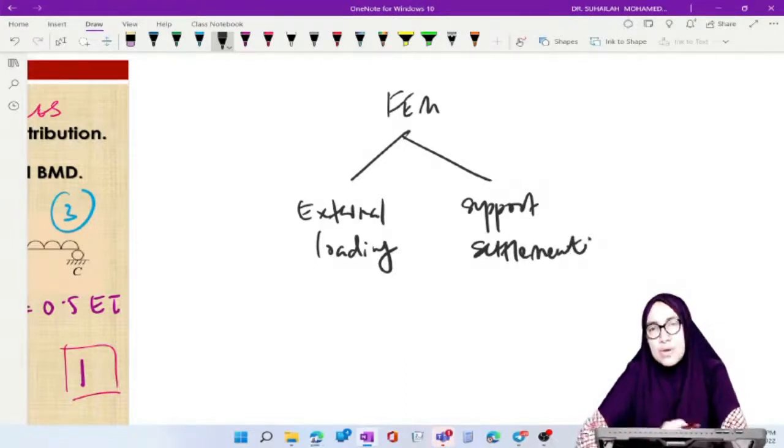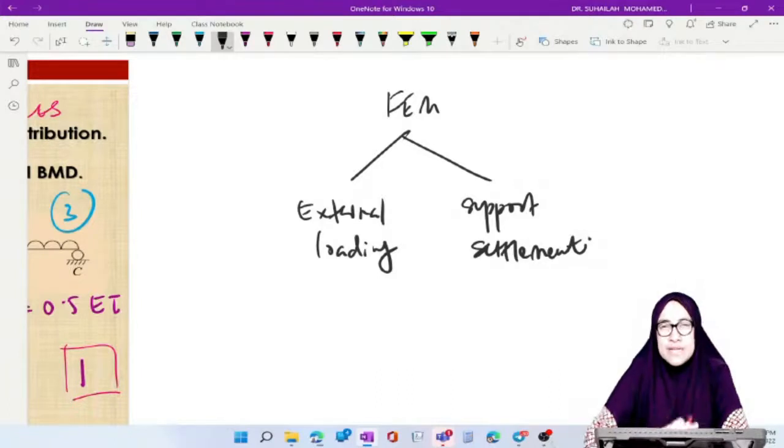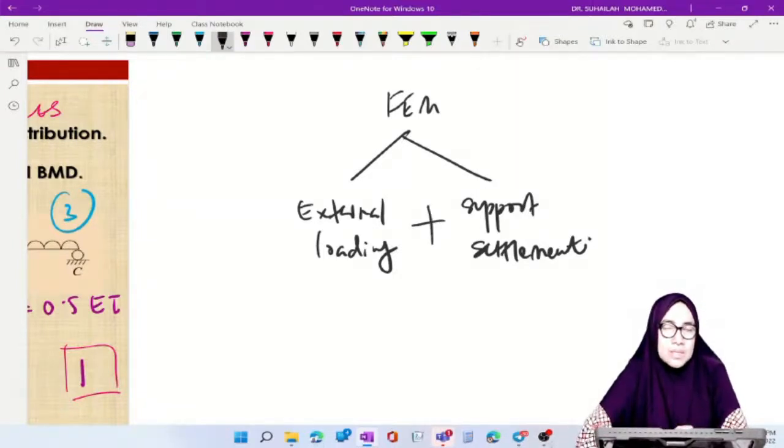Both of these we can calculate, because the external loading and the support settlement are given in the question. So we can total these two and solve using one table. We will calculate the FEM due to external loading and due to support settlement, and then combine them before we put them into the table.